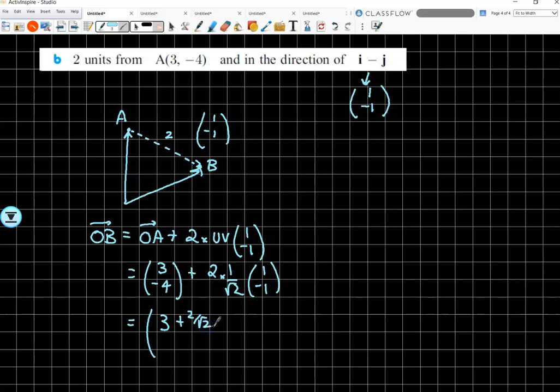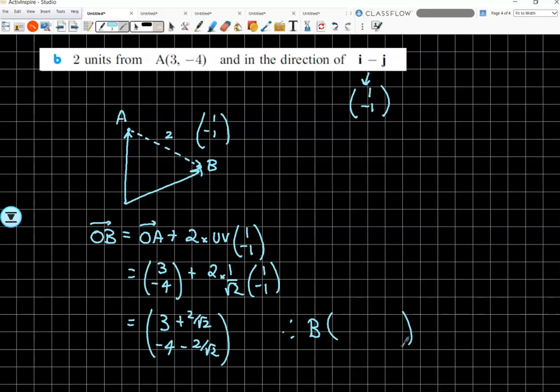Your calculator won't like that, and we shouldn't like that, having a square root, a surd at the bottom. You could times by root 2, top and the bottom. You could just put it into your graphics calculator and it will do it for you. And then the bottom one will be minus 4 take 2 on root 2. Okay? Therefore, state your point B. Use your graphics calculator to give it in an exact form, but then also in 2 decimal places.